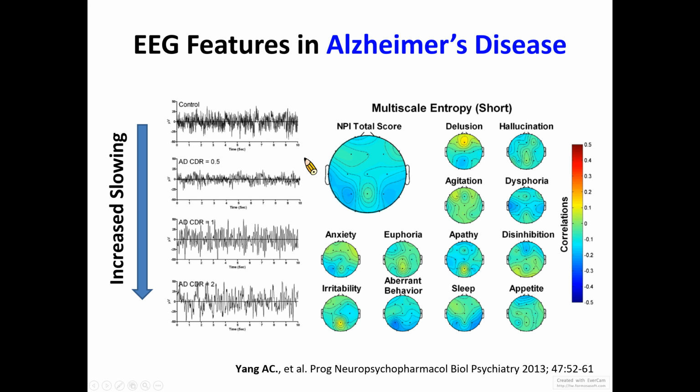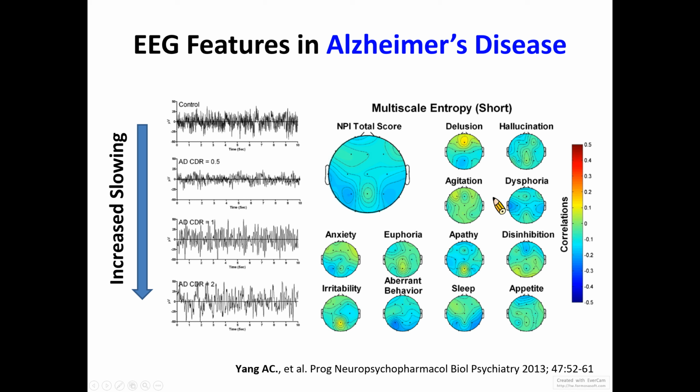Compared to the healthy person, you can see that the frequencies become slower and slower. That is one phenomenon we know in EEG in terms of dementia.